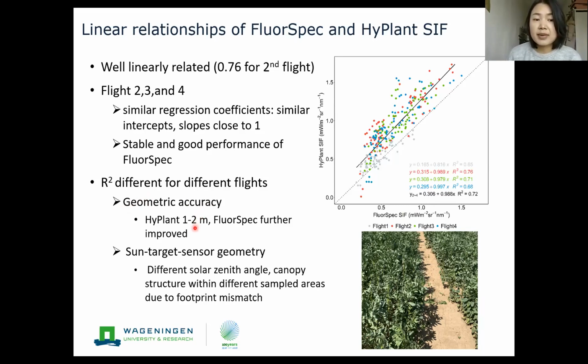HyPlant SIF maps have high geometric accuracy, but it still has a 1 to 2 meters positioning error. And for the FluorSpec, the geolocation was improved, but it could be further improved considering more factors.